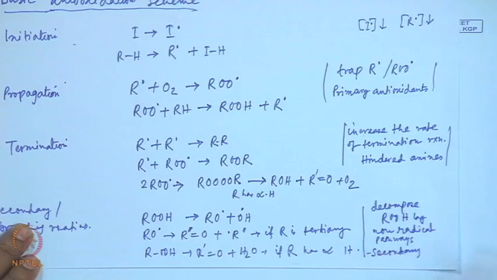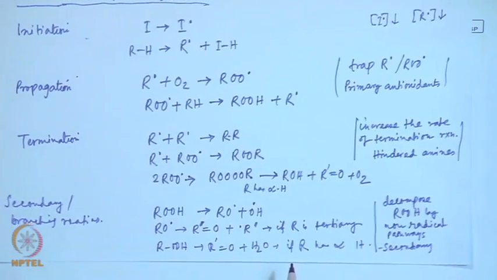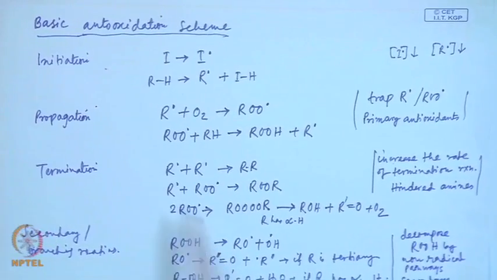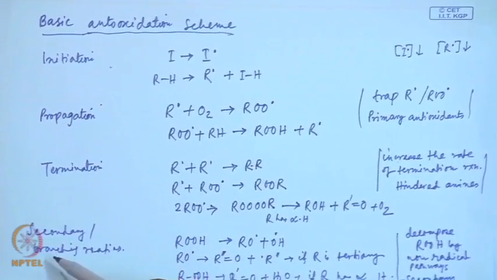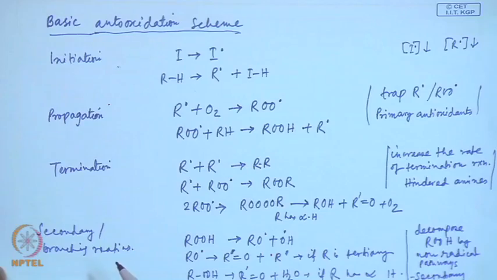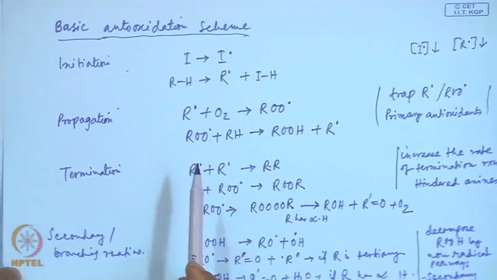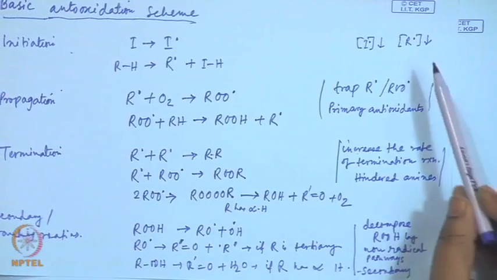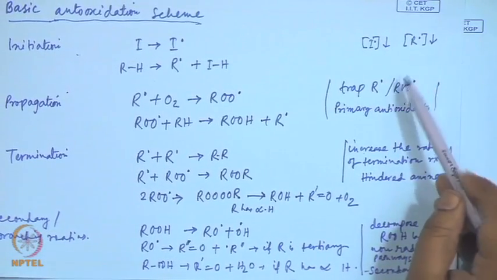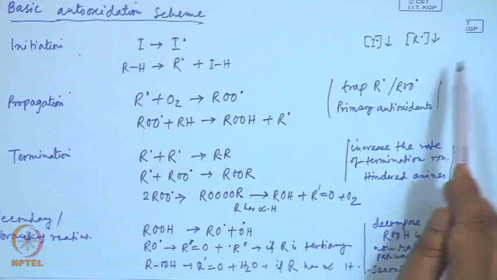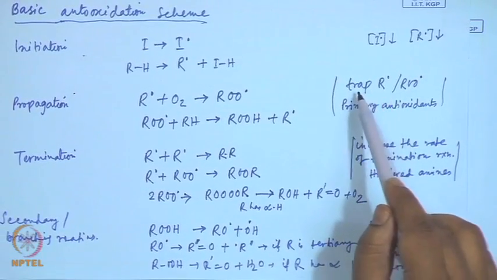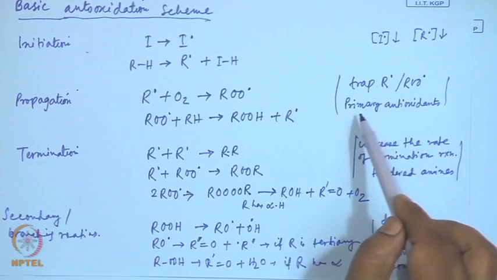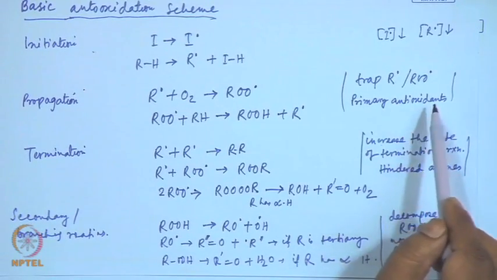So, basically we know the steps in the auto oxidation process: initiation, propagation, termination, and secondary and branching reactions. And to prevent that, what are the things we might do? You can always reduce the radical concentration, but it is not in our hands. So, we can add additives which can trap this radical R dot or peroxy radicals, which is done by adding primary antioxidants.